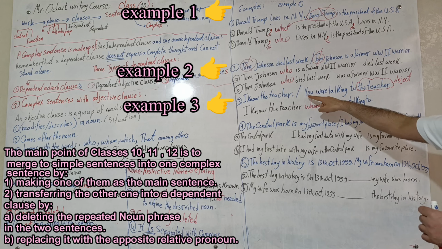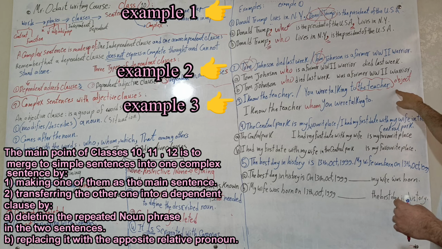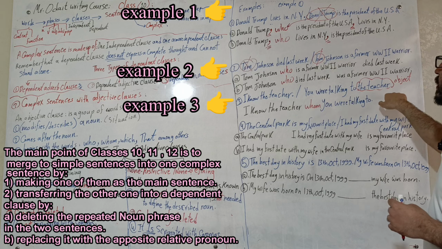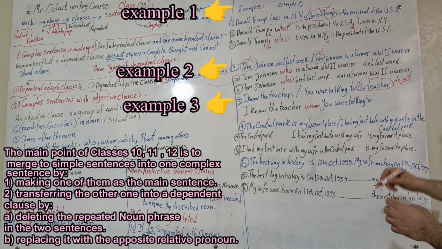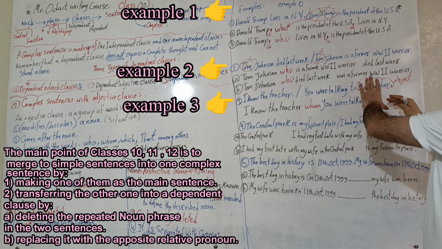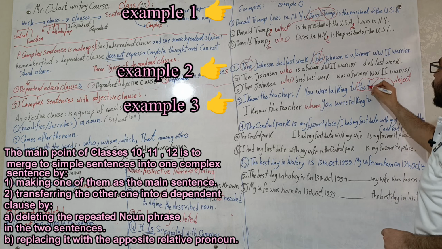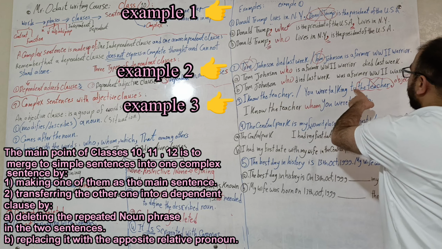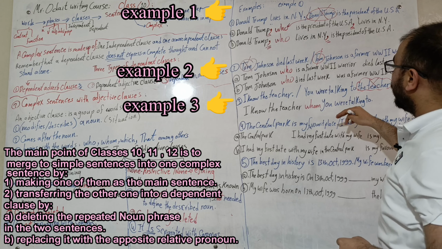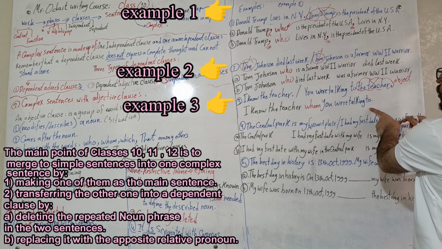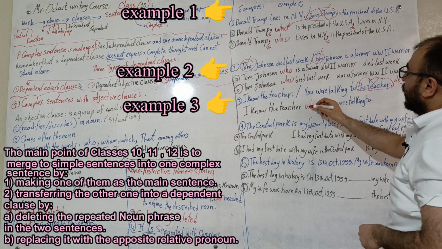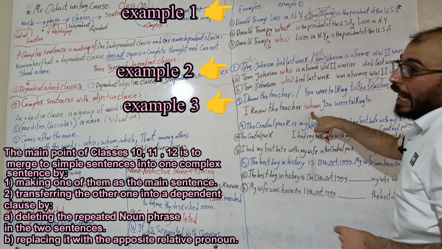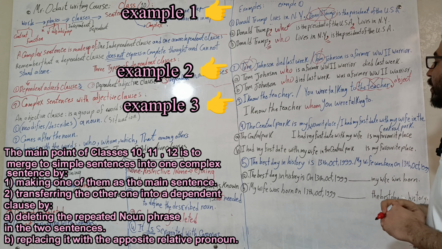How to make the independent clause, or how to make this simple sentence, a dependent clause to describe the teacher? It's very easy. First of all, I delete the repeated noun, which is the teacher, the object, and I write the whole sentence here, and then I replace it with the word whom, but at the beginning of the dependent clause.